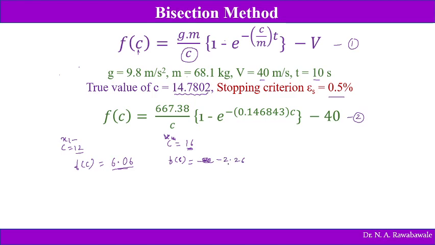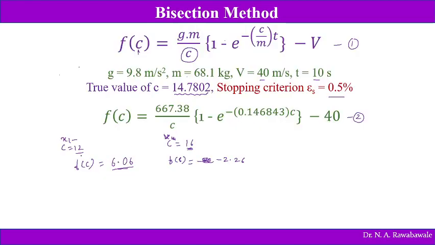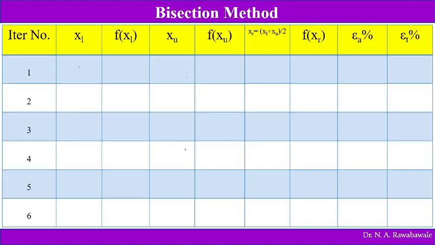Now we will see the table here. xl is the lower limit, xu is the upper limit. Just now we have considered the lower limit as 12 and the upper limit as 16. So now we are going to fill up this table.